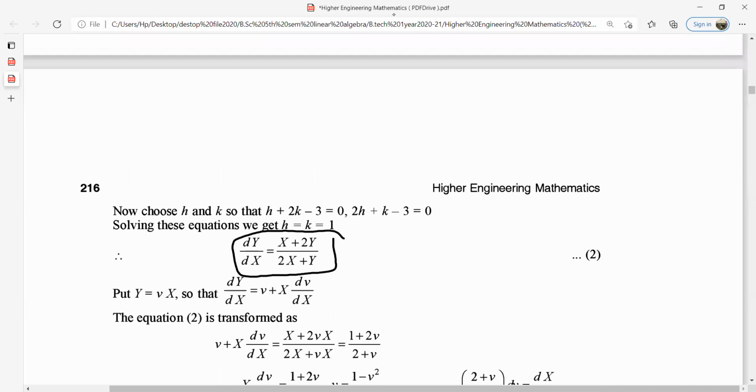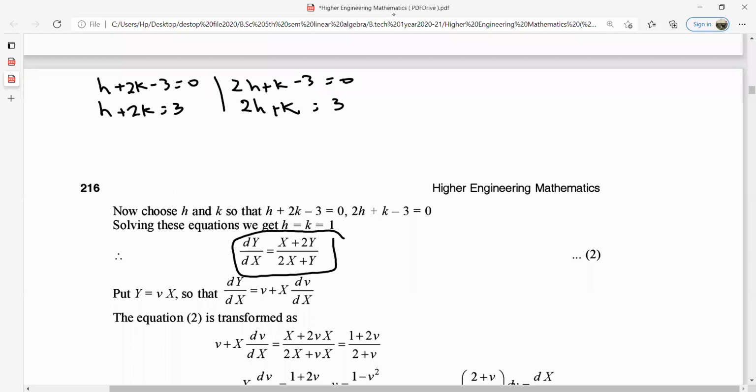And these two constant value in this manner, h plus 2k minus 3 equal to 0. This rewrite as like h plus 2k equal to 3, and similarly other equation 2h plus k minus 3 equal to 0, and 2h plus k equal to 3. Here, suppose this is equation number first and equation number second.